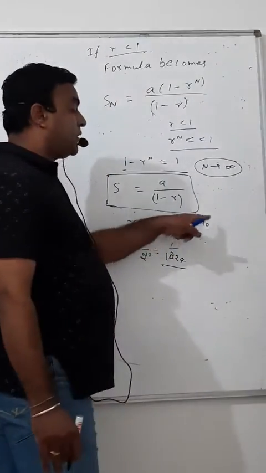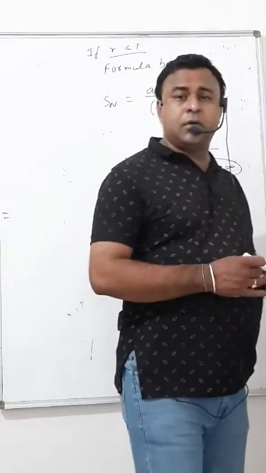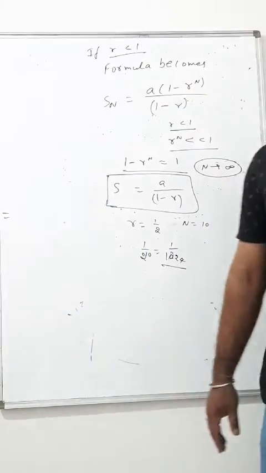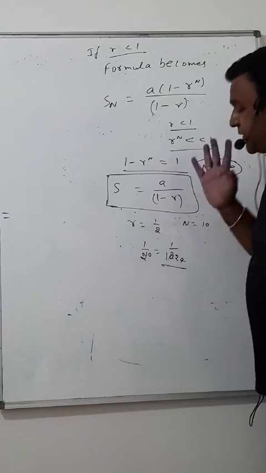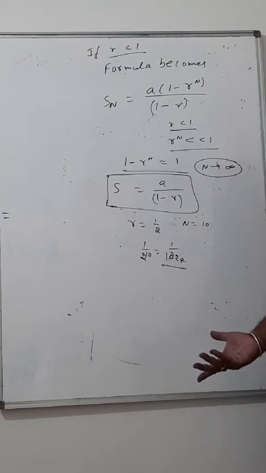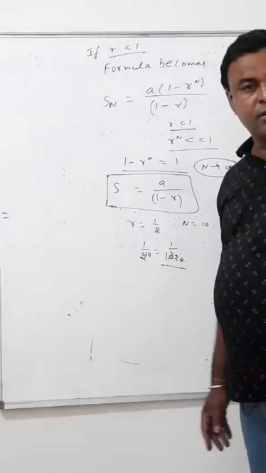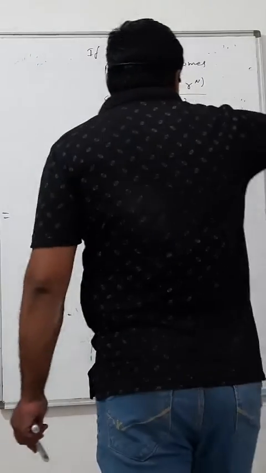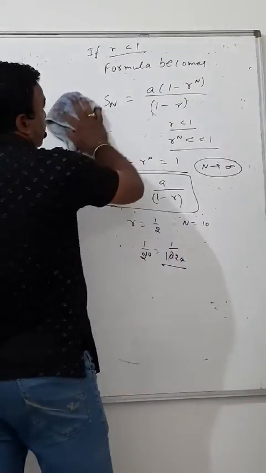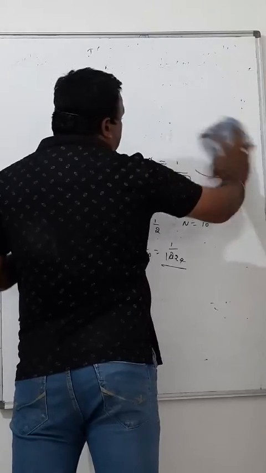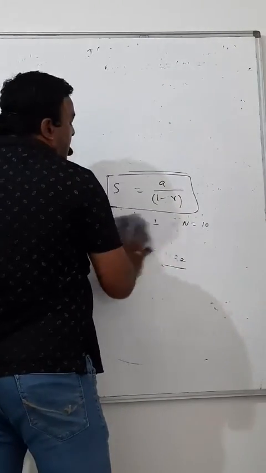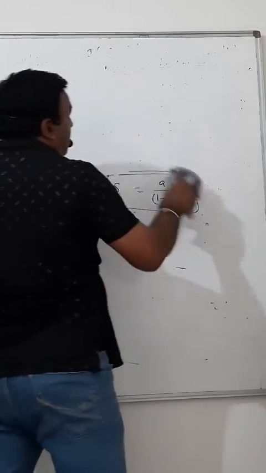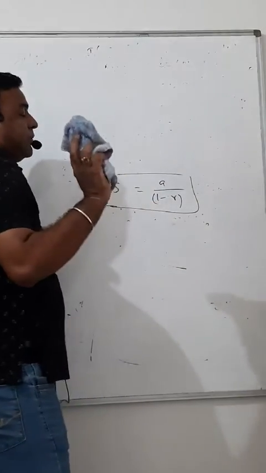If I make it n equals 20, it will become much smaller. And theoretically, if it is said infinity, then finally it vanishes. It becomes 0. So the whole discussion shrinks to this formula.